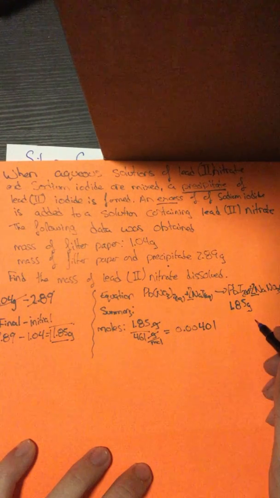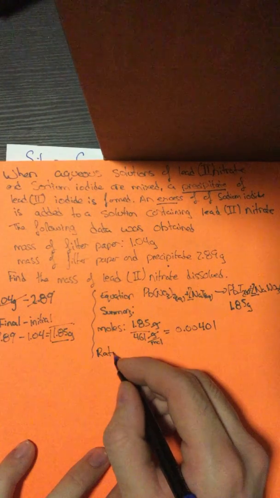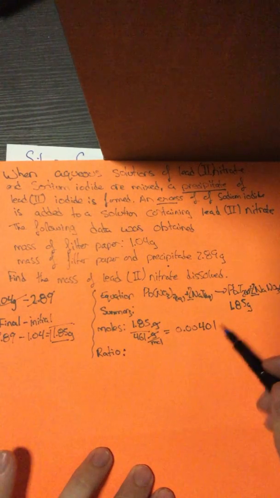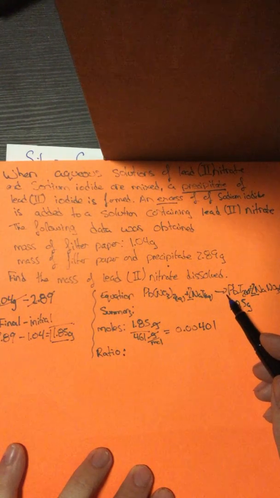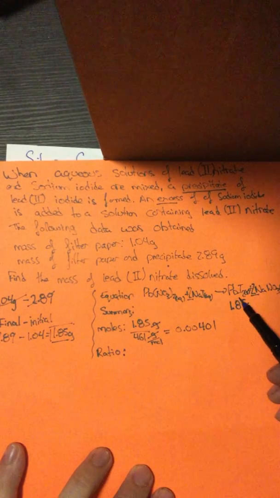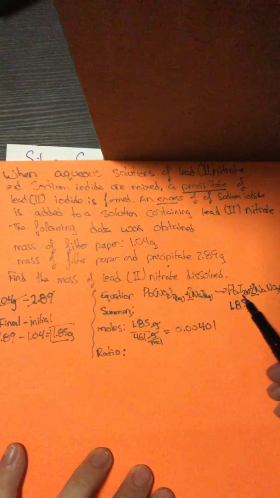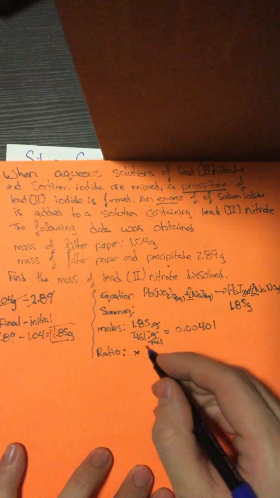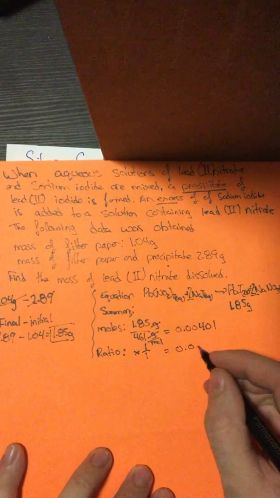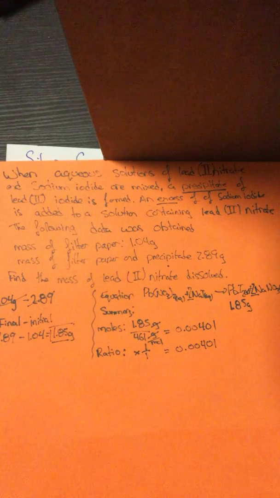Again, trails onwards, leave it long in your calculator, and then I'm going to multiply that by the mole ratio. Now the mole ratio in this case is going to be what I want over what I have. What I want to figure out is how much lead-2 nitrate was used. What I currently have is how much precipitate was formed from it. So when I look here, I have 1 to 1. So I'm just going to multiply that value by 1 over 1, which will leave me with the same answer. I'm still writing in this step. That way I can see anywhere where I might go wrong along the way.